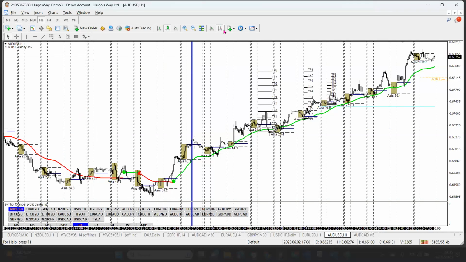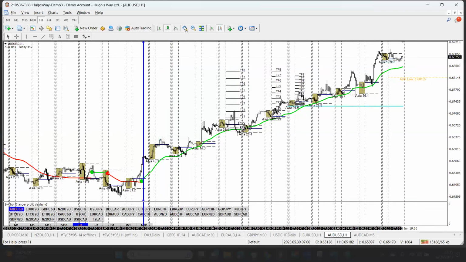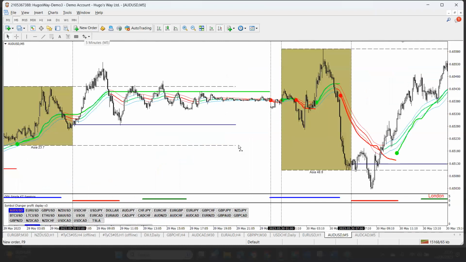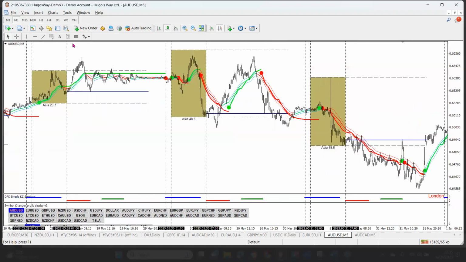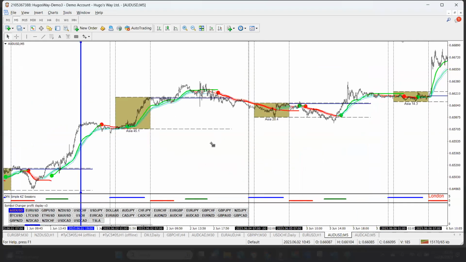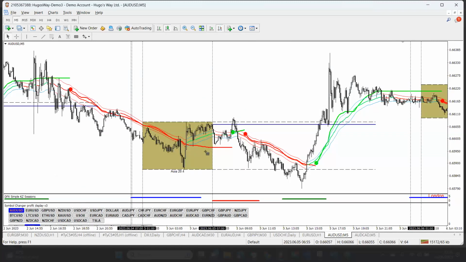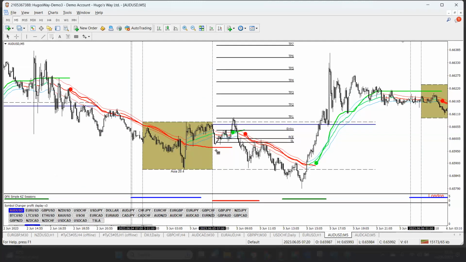2nd of June, right? We basically didn't have any trade setup on the 2nd of June, but we did have a trade setup here, right? So our first trade would have been here, and that would have hit our stop loss, no doubt.